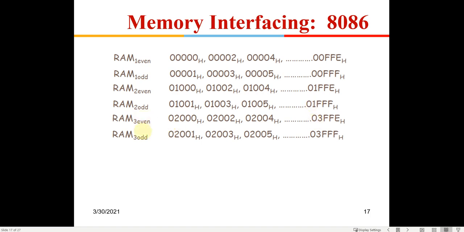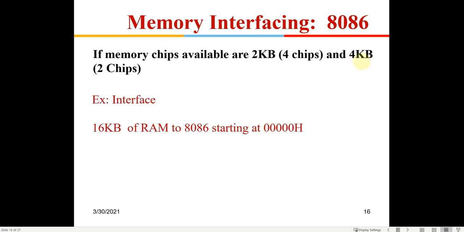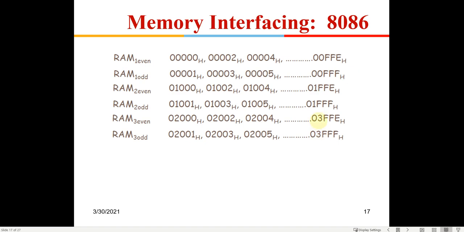Then for the third set of RAMs, these are both 4 KB RAMs, so it starts from 3FFFE, and the odd bank is going to end at 03FFF.